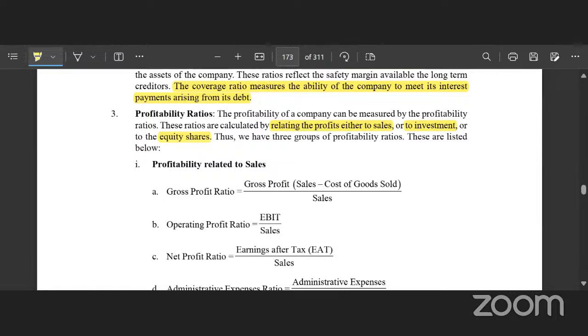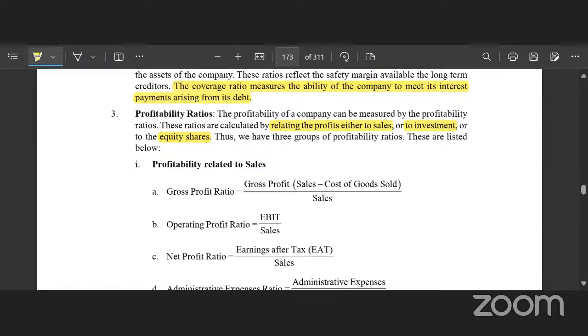You might be calculating profit versus sales, that means how much profit you are making on sales, how much profit you are making on investment, because sales is different from investment, or it's related to equity shares.